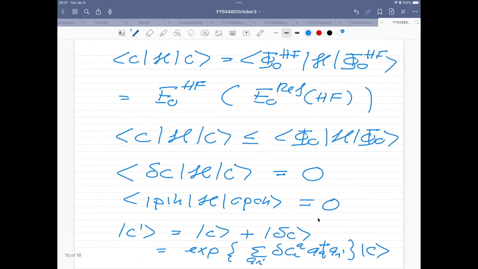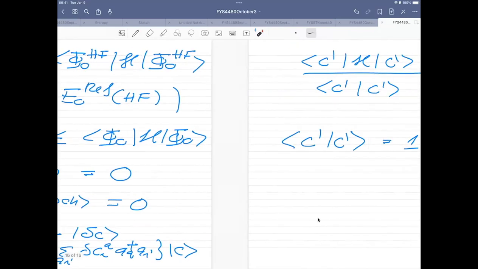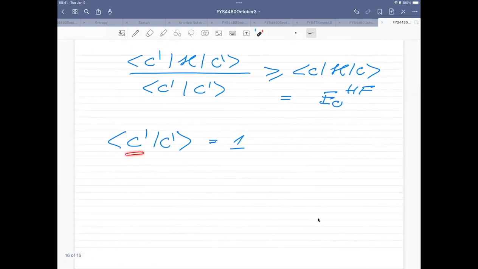Then there is a term which contains this delta C to first order. But when I take the expectation value of this one acting on that one, I create a 1 particle, 1 hole state.